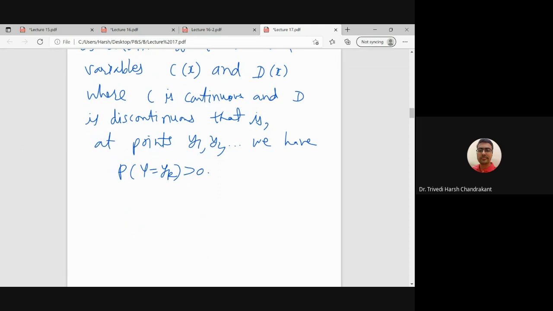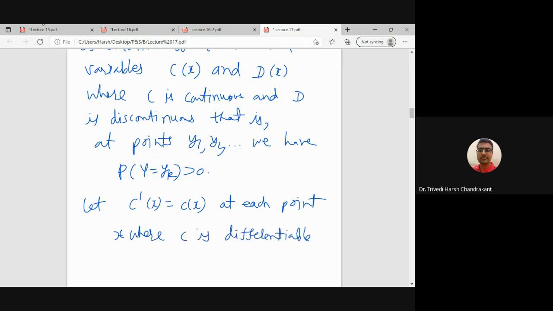Okay, so what this gives is, let the derivative of Cx be small cx at each point x where C is differentiable. So what is capital Cx?